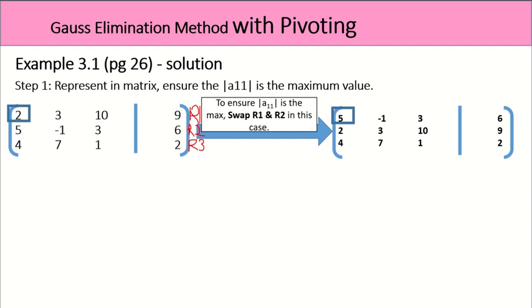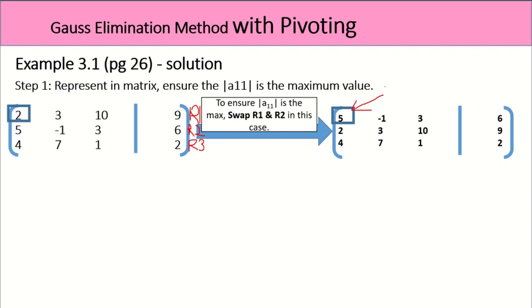So you need to swap R1 and R2. After you swap this one, that is your new matrix. So this is the highest one. Where is the highest one? Now, okay, highest.